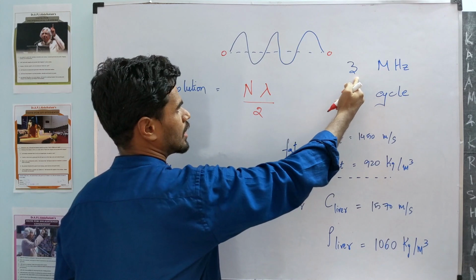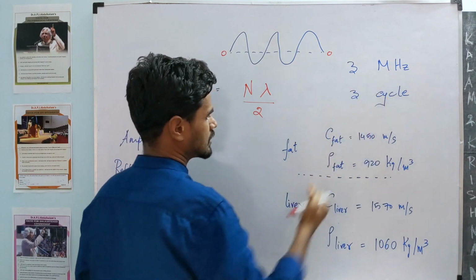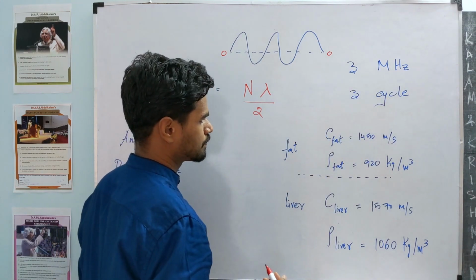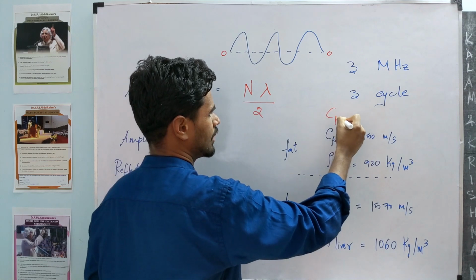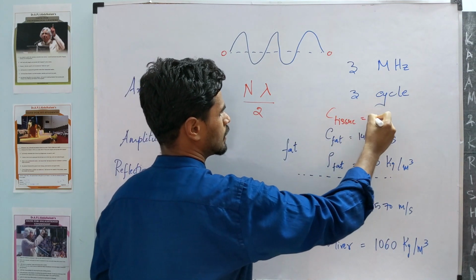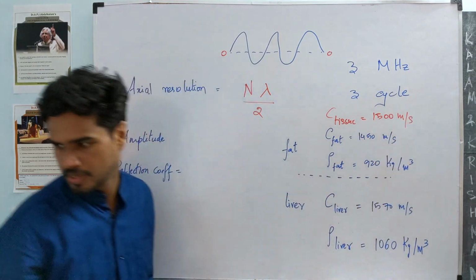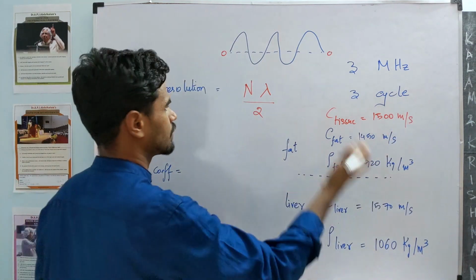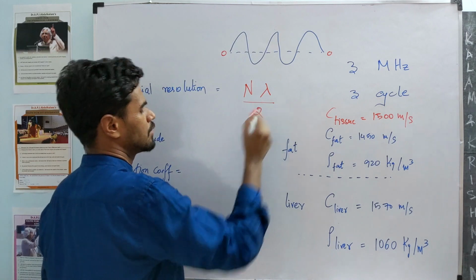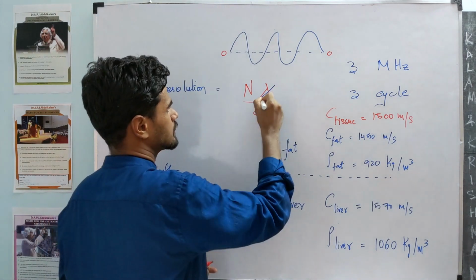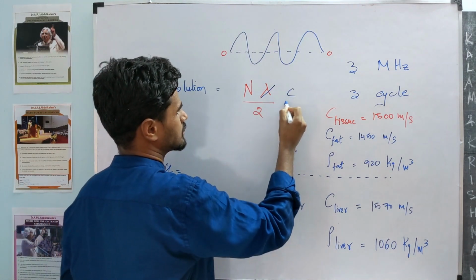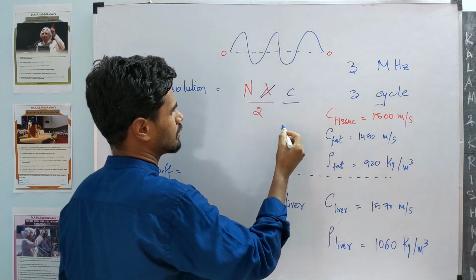Lambda can be identified from the frequency, and I think the speed in tissue is also given. It's usually 1500 meters per second, which in this case, yes, it's 1500 meters per second. So lambda is velocity divided by the frequency.